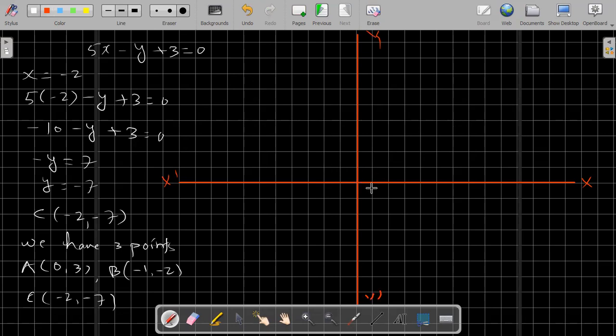So here you will write the numbers 1, 2, 3, 4, 5, 6, 7, 8, 9, 10, 11, 12, 13. Here -1, -2, -3, -4, -5, -6, -7, -8, -9, and -10.